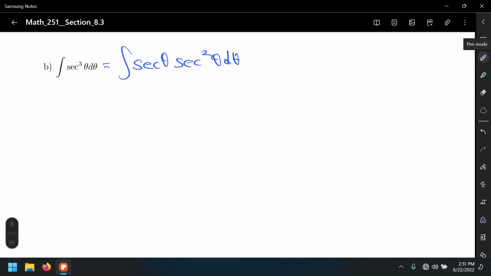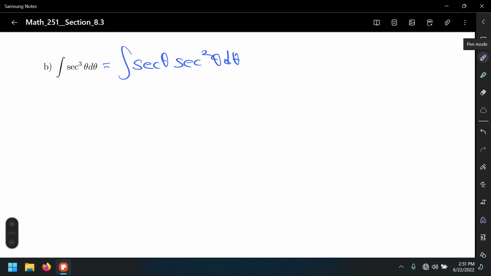In this case, I don't think LIATE is going to help us very well. Yes, okay, L logarithms, no logarithmic functions. I inverse trigonometric, no. A algebraic functions, no, we don't have any. T, trigonometric function. Well, that comes first. So that's going to be our u.